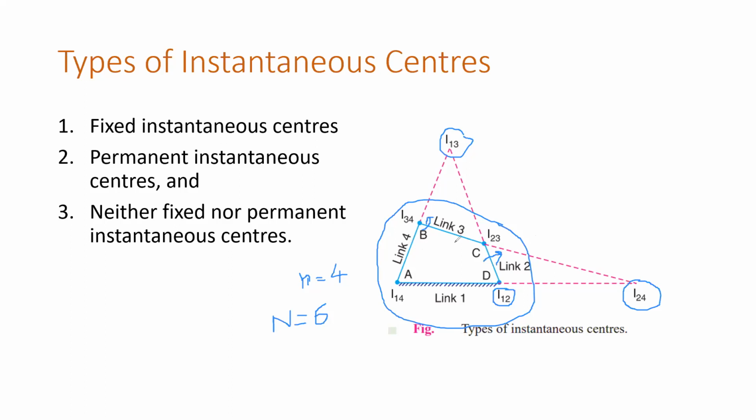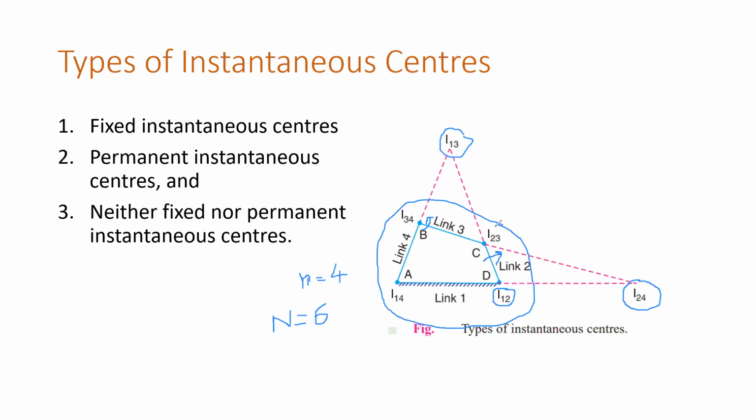For example, you see I23. For sure, you know that this point will be at the connection of link 2 and link 3. Even if link 2 moves forward and goes to a new configuration, there also you can locate I23 at the joint between these two.